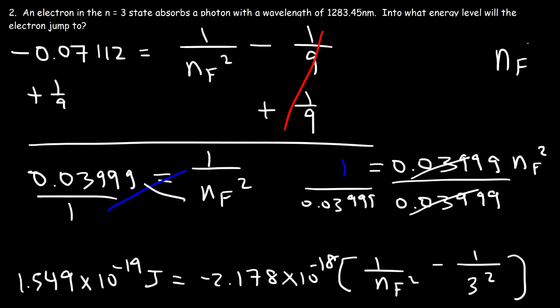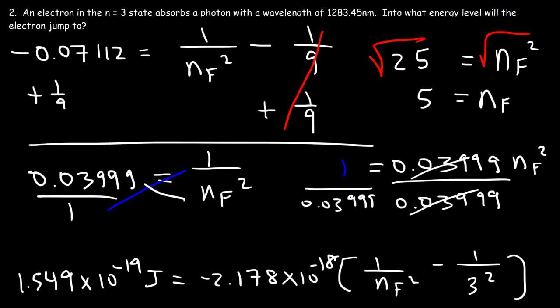So n final squared is 1 divided by 0.03999. That's basically about 25, like 25.006. And if we take the square root of both sides, n final is 5.